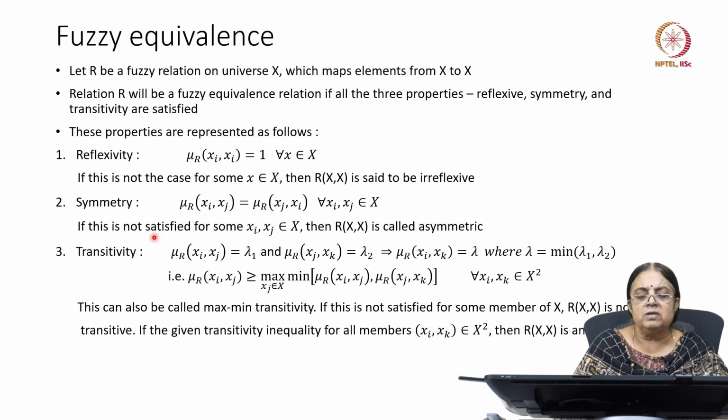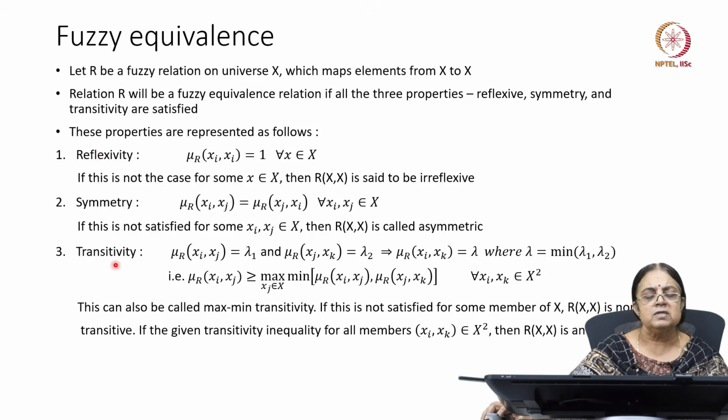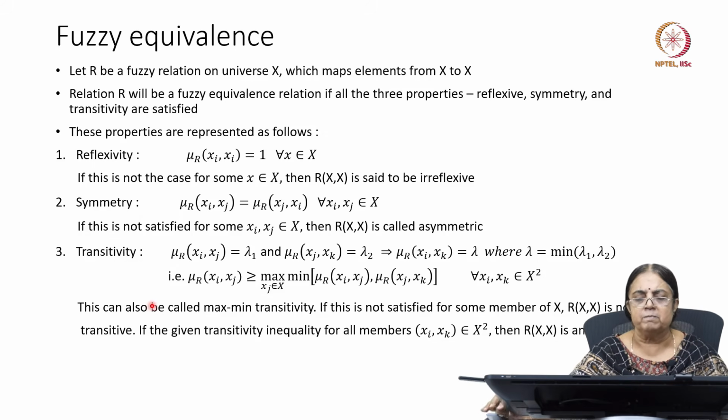If the given transitivity inequality doesn't hold for all members, then you say that it is anti-transitive. So a fuzzy equivalence relationship has to follow all these three properties. If it follows all three, then you say it's a fuzzy equivalence relationship.